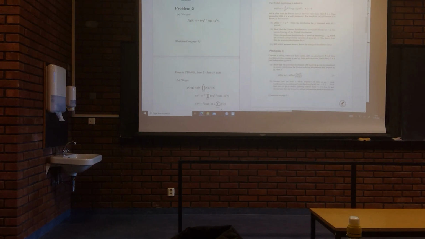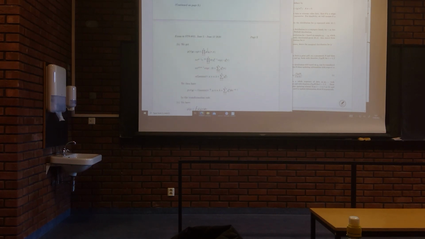And then we are supposed to show that the gamma distribution is a conjugate family here. We might already see that we have tau to the power of something, and then the exponential of minus tau times something. This is exactly the shape that the gamma distribution has, so it's reasonable to consider that kind of prior.